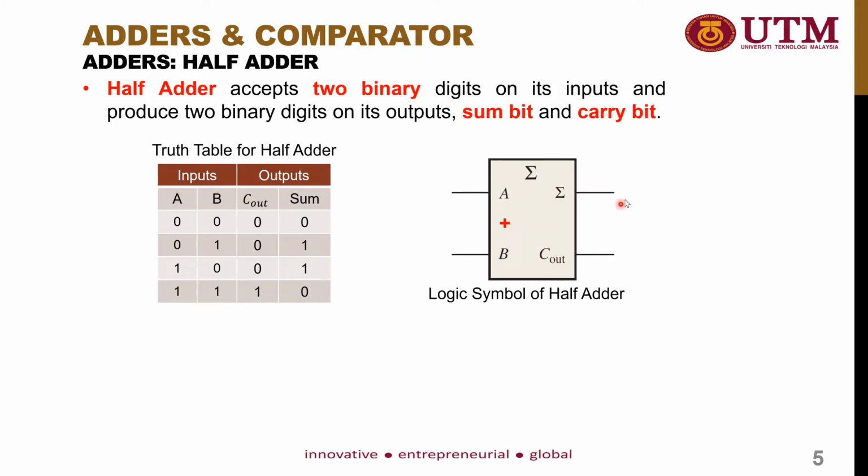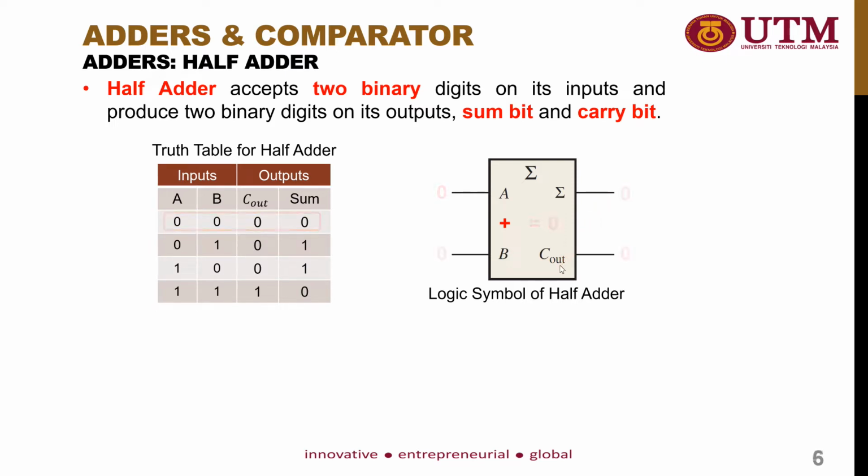Let's take a look at the first row of the truth table. The first row is 0 plus 0. When you do binary addition, the output will be 0. So the sum becomes 0, and there is no carry.